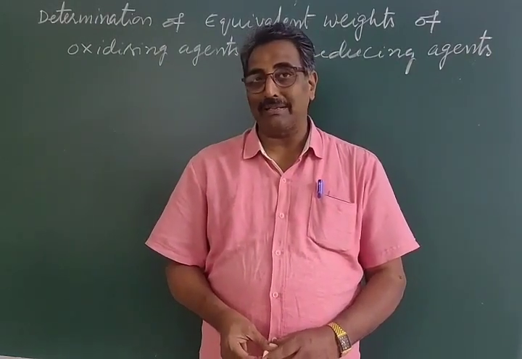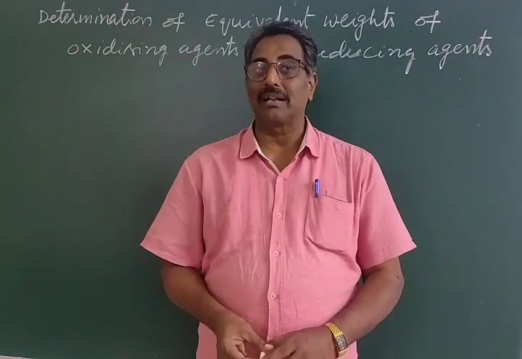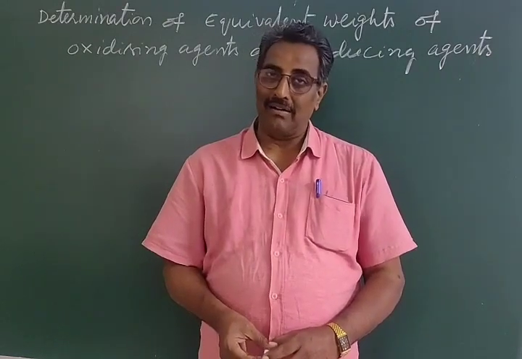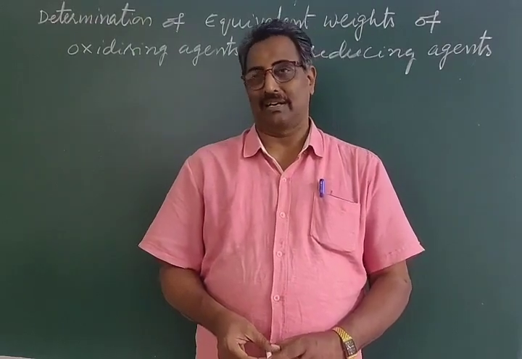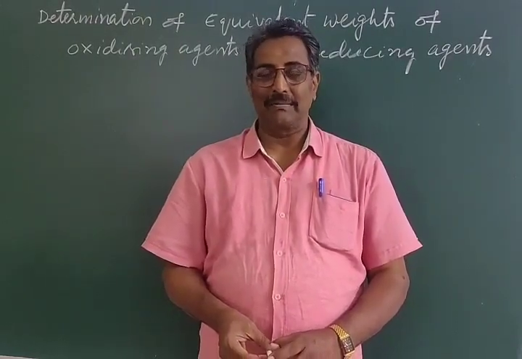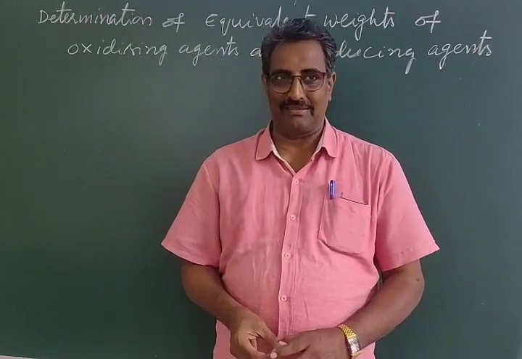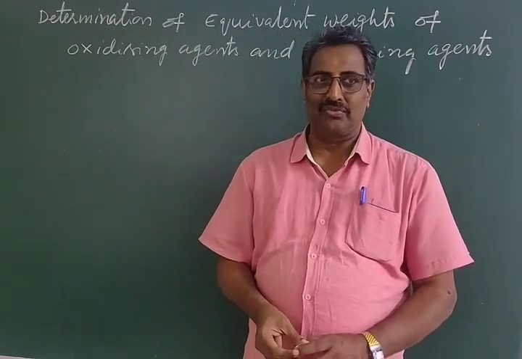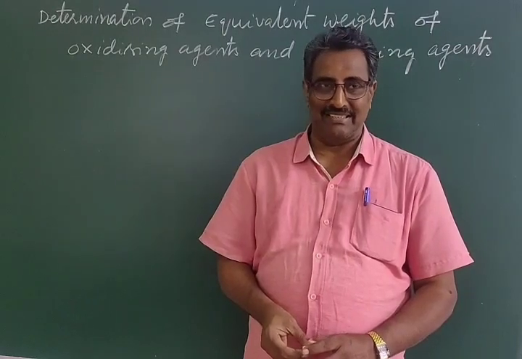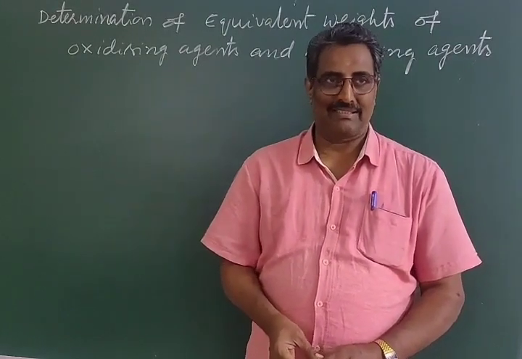An element may take one or more electrons, or an element may lose one or more electrons. So depending on these factors, let us know how to find the n factor of oxidizing agents and reducing agents.